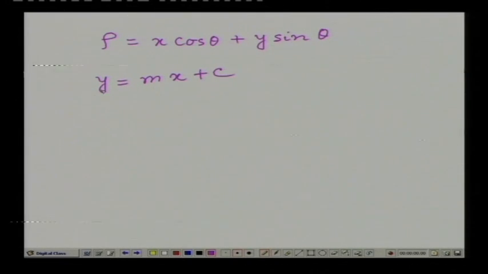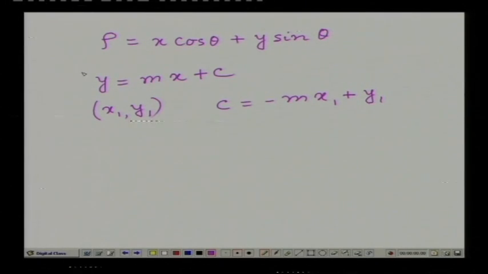So, here you find that in this particular case, given a single point say x 1 y 1 in the spatial domain, in the parameter domain in the MC plane, the corresponding equation becomes c is equal to minus m x 1 plus y 1, which is again the equation of a straight line.